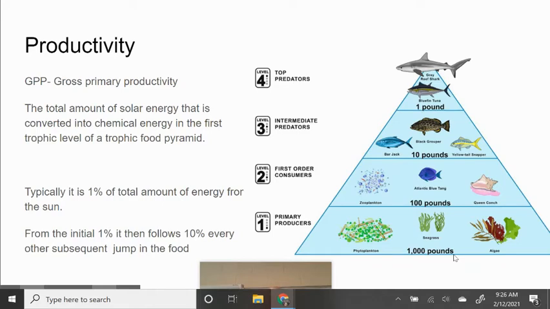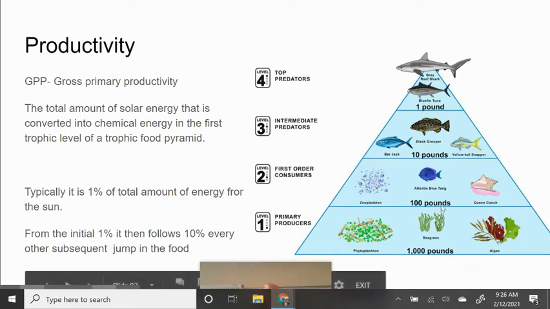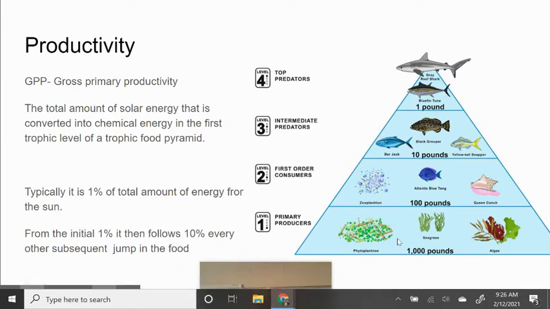There's something called the 10% rule, and that applies to each subsequent trophic level as you go up. Notice in a food chain, you're never really going to go further than 5 trophic levels or maybe 6 trophic levels. I know you could say humans could eat anything, but in reality, we hardly ever go to a fifth or sixth trophic level.